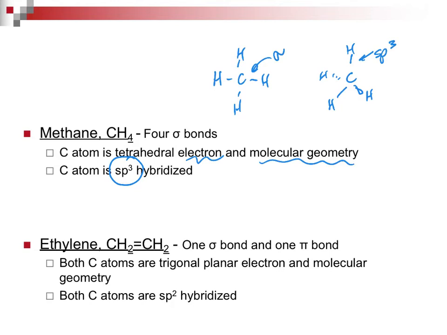Next we have ethylene, where we now have a double bond. So one of the questions they'll ask you on the exam is how many sigma and how many pi bonds does a molecule have? Well, I'm going to start with that. I'm going to say there are 5 sigma bonds and 1 pi bond in this ethylene molecule. So there it shows 1 sigma bond and 1 pi bond.